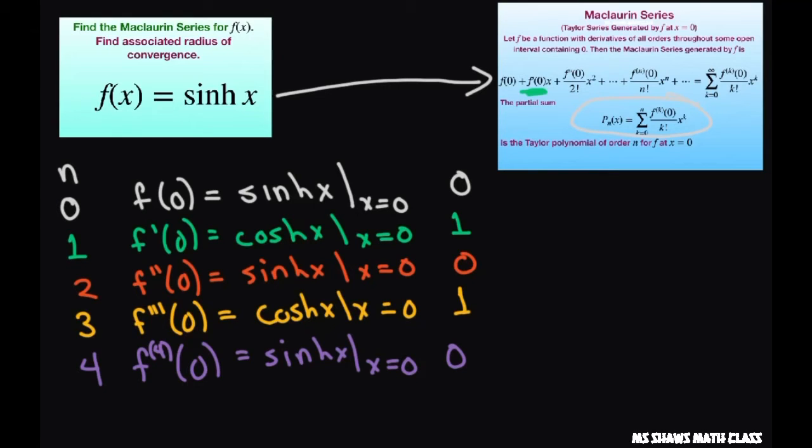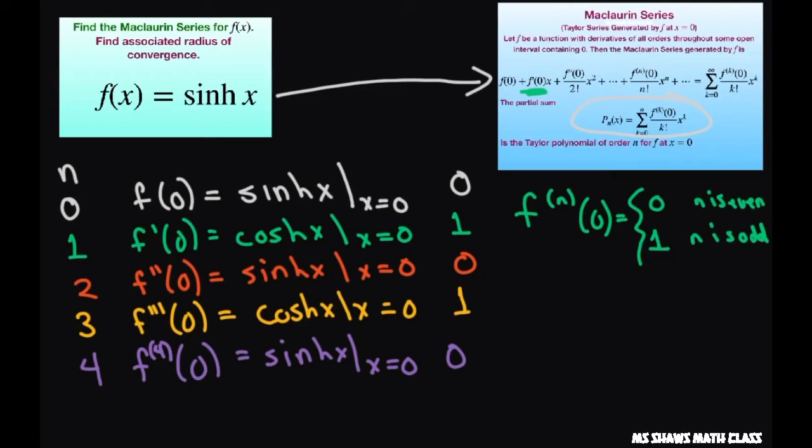So it just alternates between 0 and 1. So basically we can say that our nth derivative at 0 equals 0 if n is even, and it's 1 if n is odd.